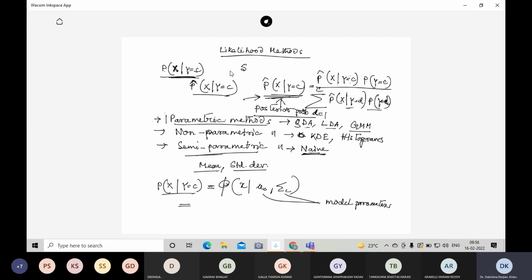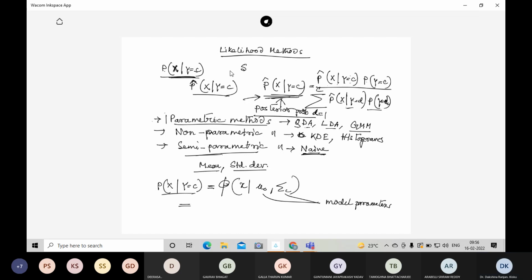Here we are trying to estimate the likelihood. In parametric method, or in non-parametric method or semi-parametric method, we try to estimate the likelihood. When we estimate the likelihood in case of parametric method, we use the information about mean and standard deviation.